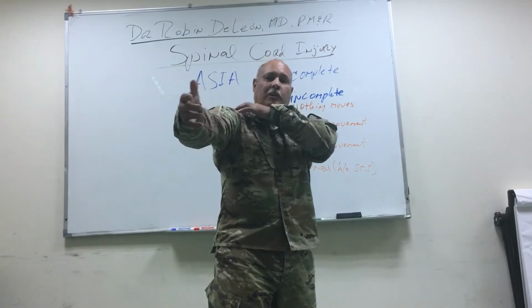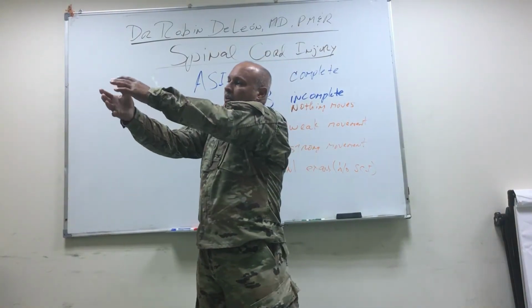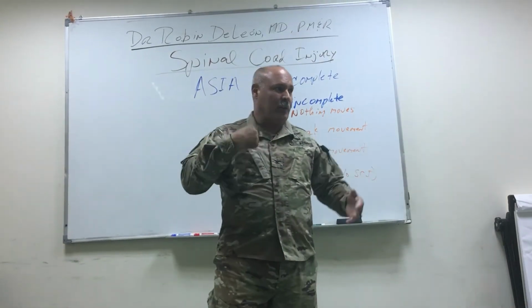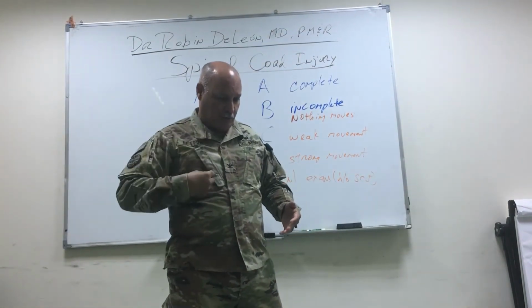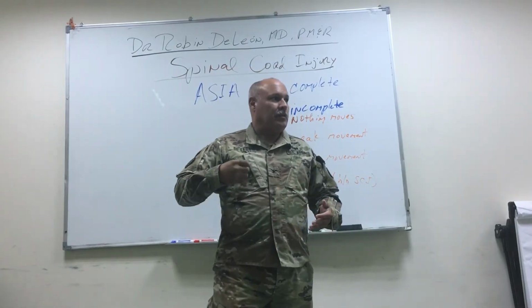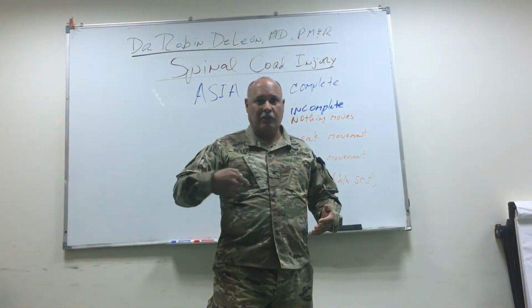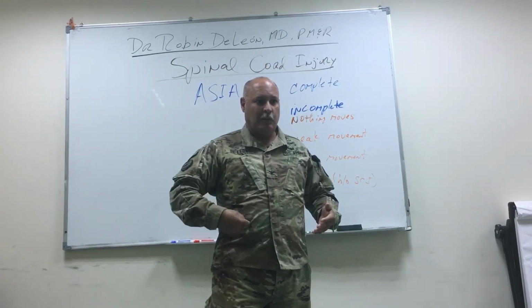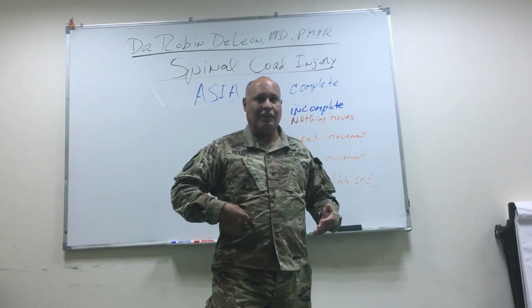As you go down the arm, you're going down the top of the arm to the thumb, to the pinky, and on the inside. You don't have to do every little millimeter, but if you get some gross spots, then you can say, well, okay, he can tell here, normal, I can't feel that. Let me focus between these two levels. When does it stop? Okay, it stops right around here.